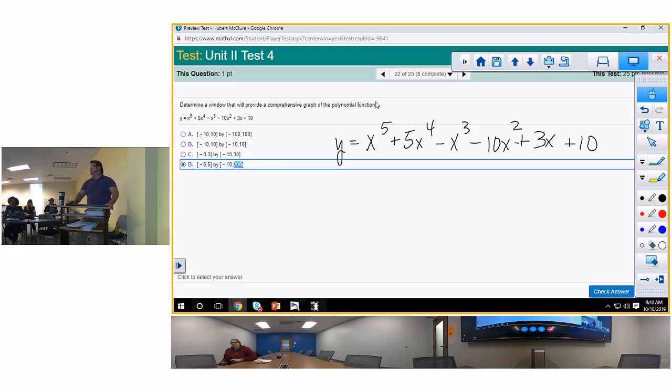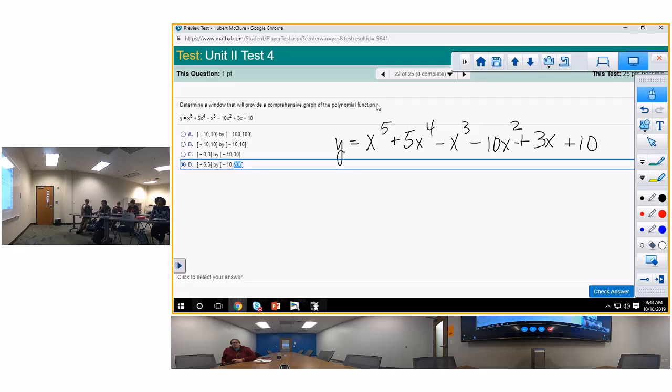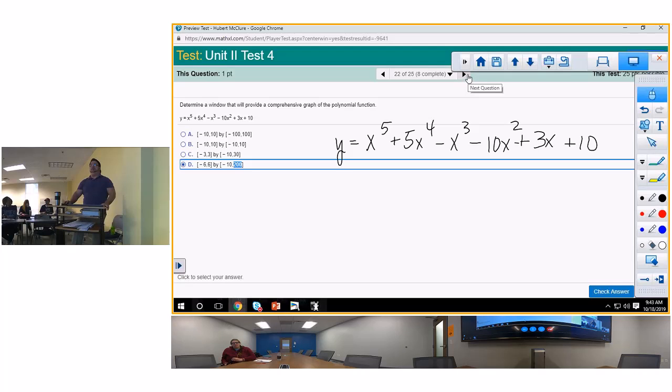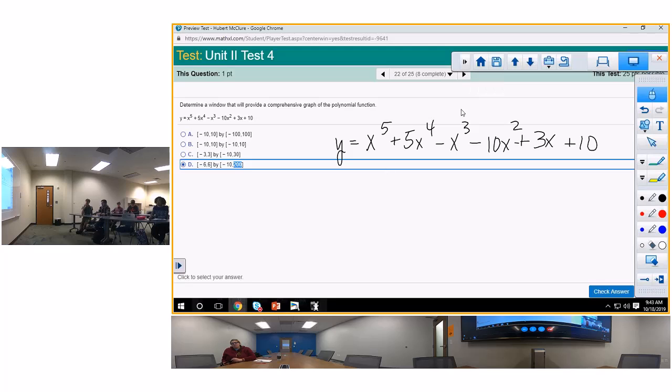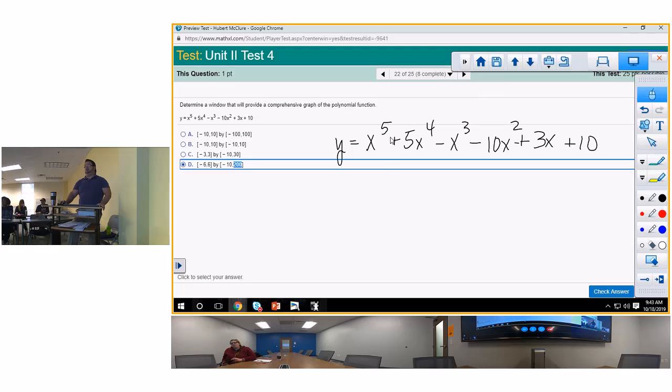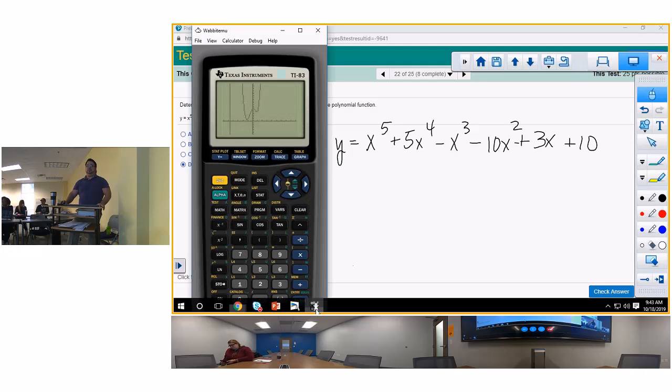Isn't that graph kind of like a parabola, like it's coming from the same direction? Yes, but it has hidden behavior, because of the x to the 5th. Let me change the window to 200.